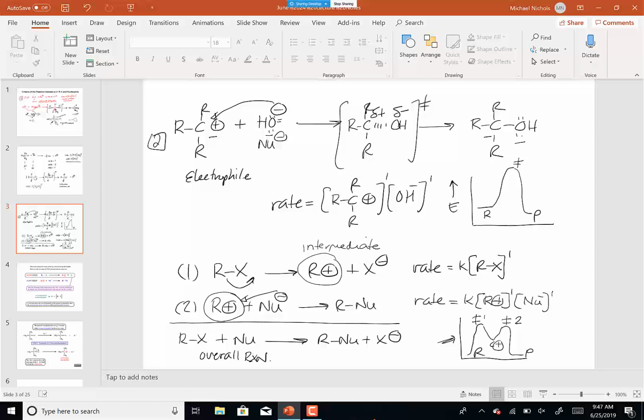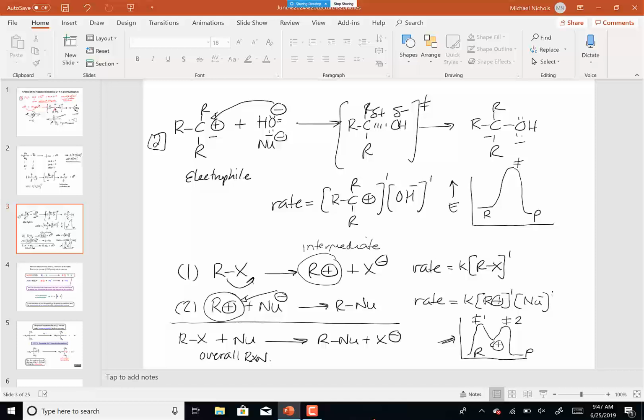Why is the rate determining step important? Because if I'm trying to determine the mechanism of a reaction, the rate equation from the rate determining step is going to equal the overall rate equation of the reaction. Okay. So the slow step is going to give me the overall rate of the reaction.